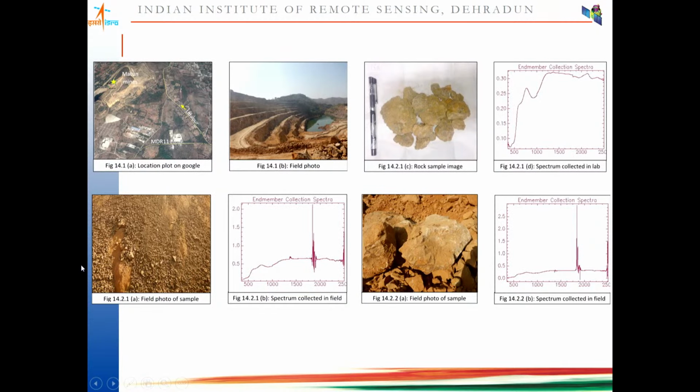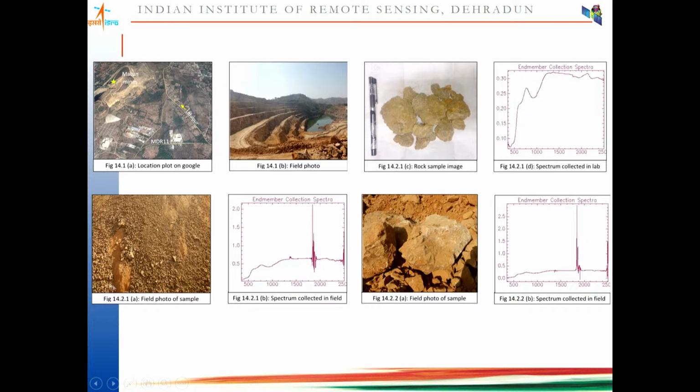These are the details I wanted to show you. This is the location; we give a plot on Google Maps showing that from this location I have collected the spectrum. Then this is the field photo from that location itself. I am standing at that location and I have clicked the original photograph of that area, where you can see the open cast mine. Then this is the field photo of the surface from where I collected the spectra.